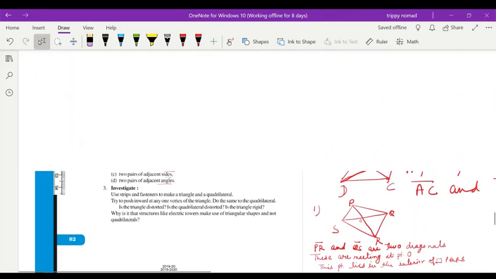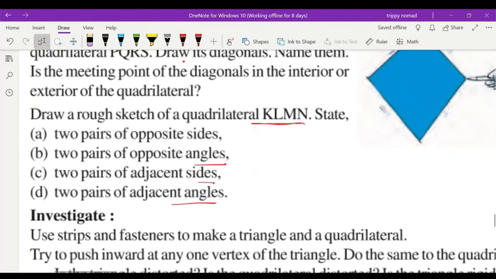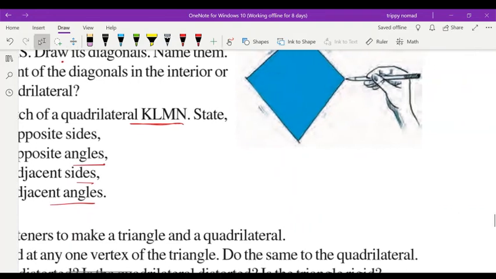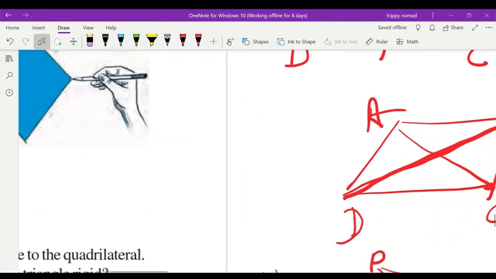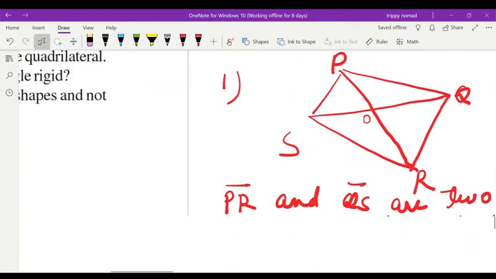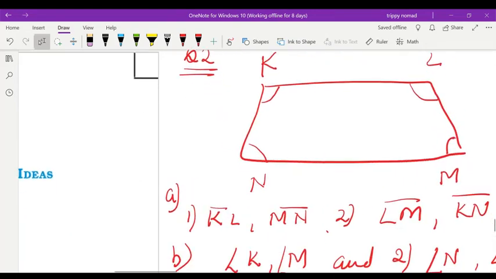Now our question was, let me see. Yes, two pairs of adjacent sides. So adjacent means side by side.